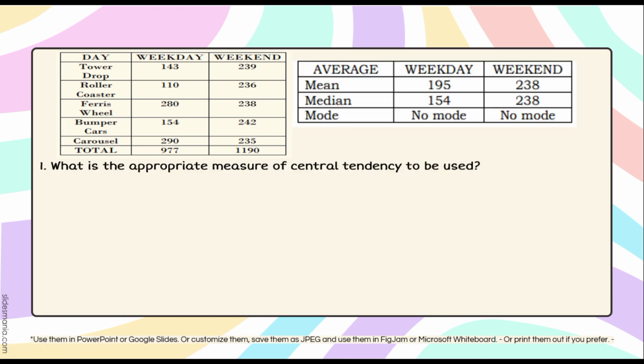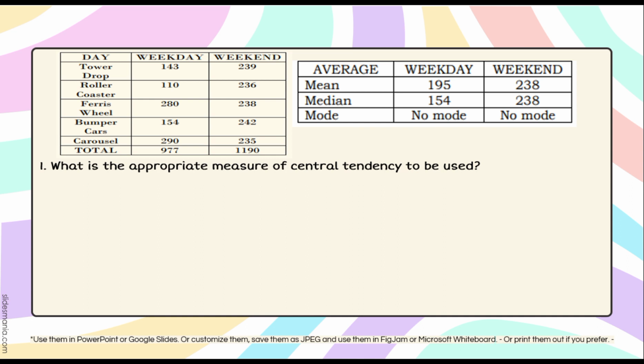What is the appropriate measure of central tendency to be used? As we have here in the table, we have the average, weekday and weekend. For the mean, we have 195, and for the weekend, we have 238. For the median, we have 154, and for the weekend median, we have 238, and for the mode, we don't have a mode.